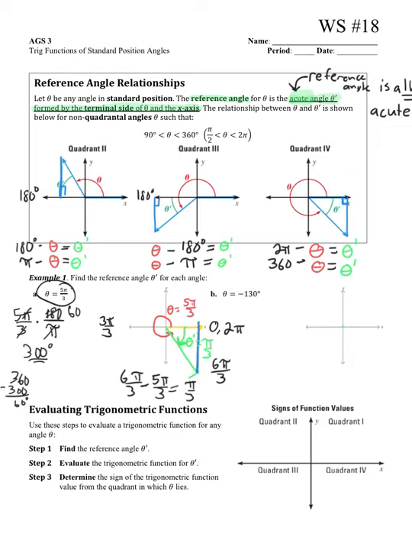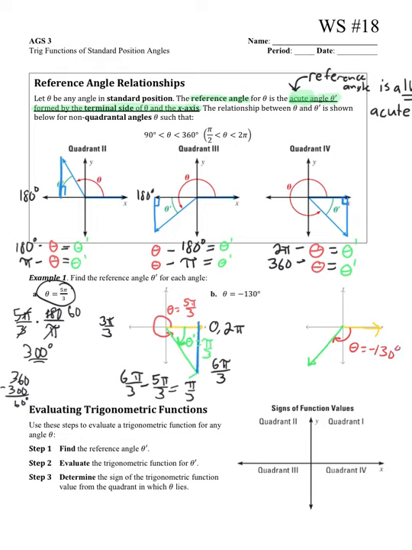Okay. We're going to look at one more example of reference angle here. We're going to start on the positive x-axis and stay in standard position. This time we're rotating negative 130 degrees, so it's going to be less than 180 degrees. And there's our standard position, so our theta is negative 130 degrees.